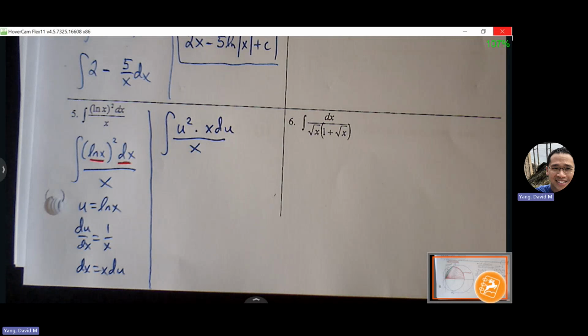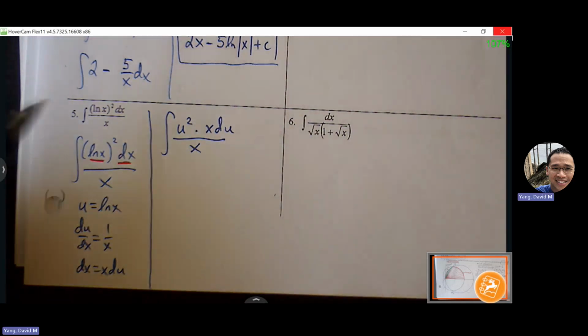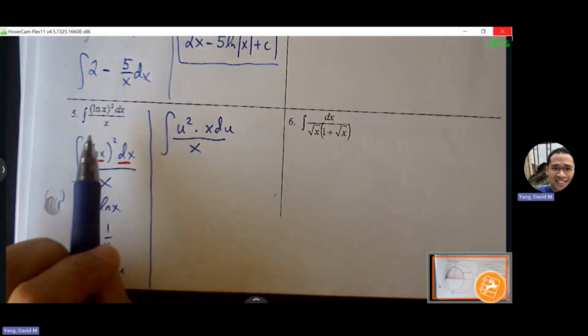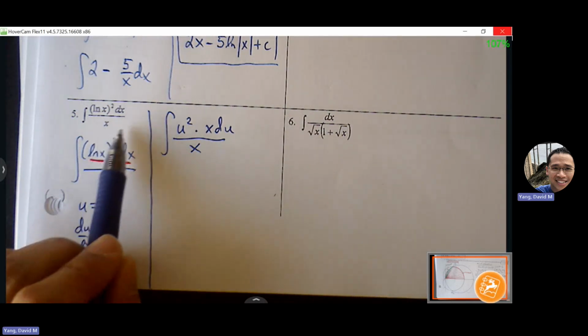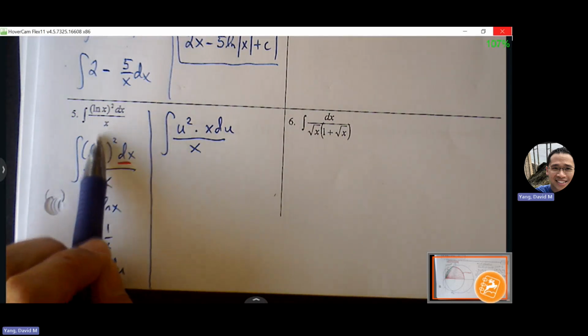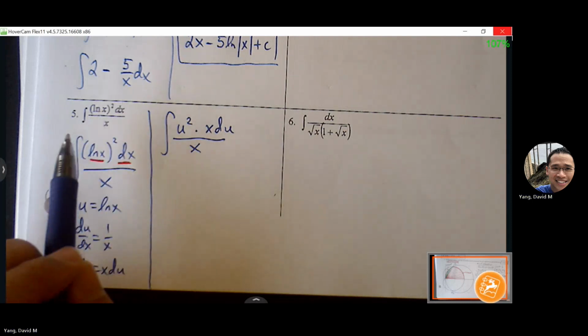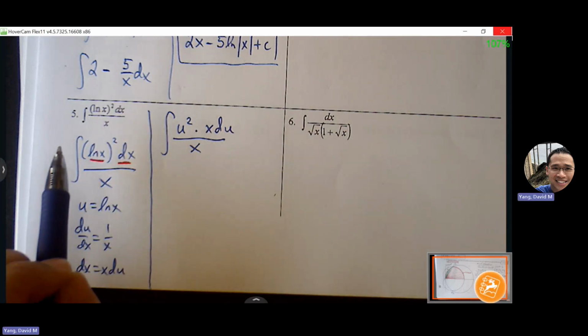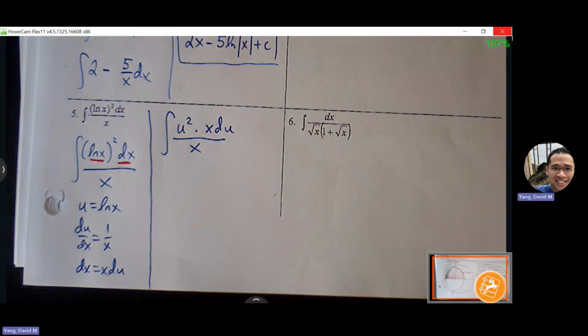How come you're not using the squared? Oh, as part of the u value. Yeah. It's going to be a little bit too much, and also typically, whenever we're searching for a u value, we should consider what's inside the parentheses as our first option. And then if that doesn't work out, then we can maybe consider what's outside the parentheses.